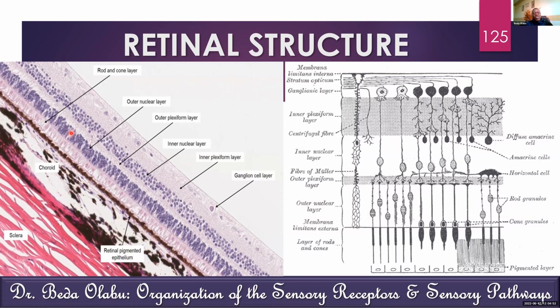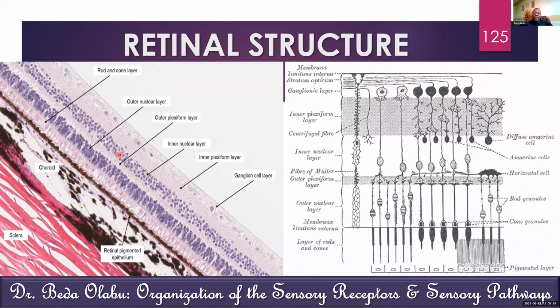Those photoreceptors usually synapse with the first order neurons at this region here, which we call layer 5, the outer plexiform layer. The outer plexiform layer is a site of synapse between the rods and cones and the bipolar neurons. Then we have layer 6 there. Layer 6 is what we are calling the inner nuclear layer.